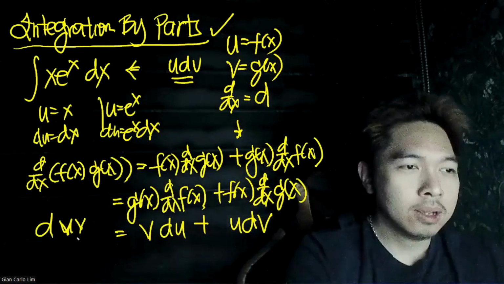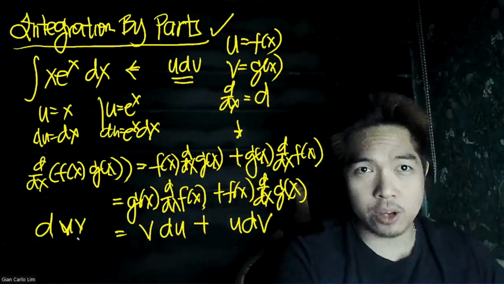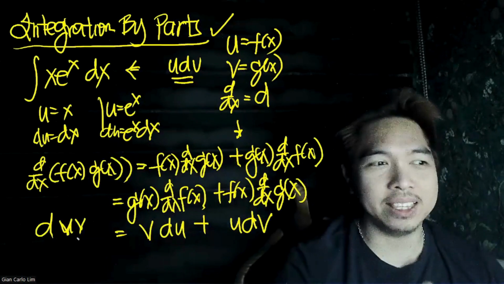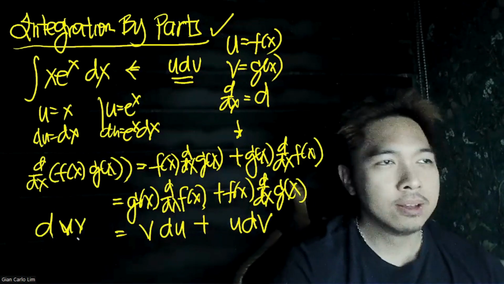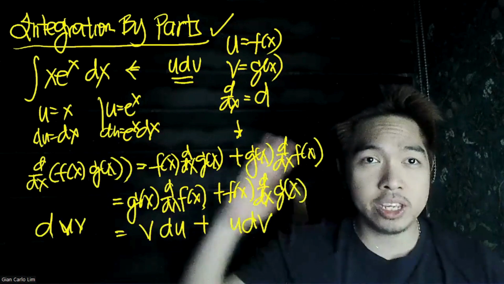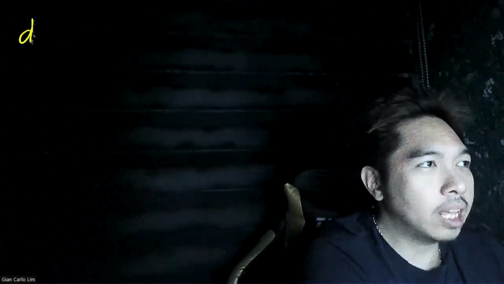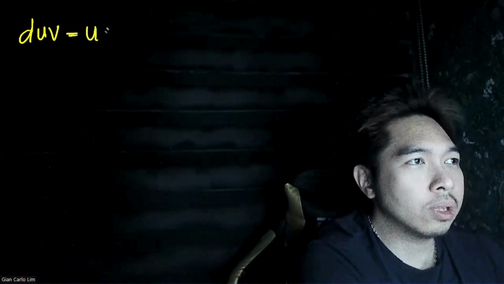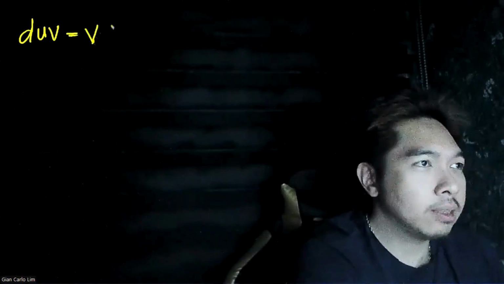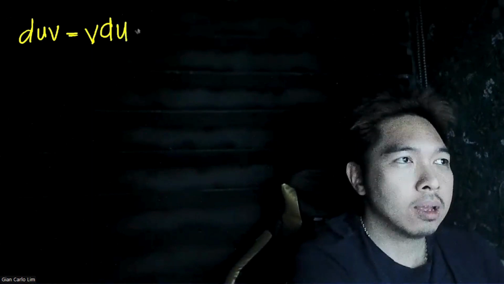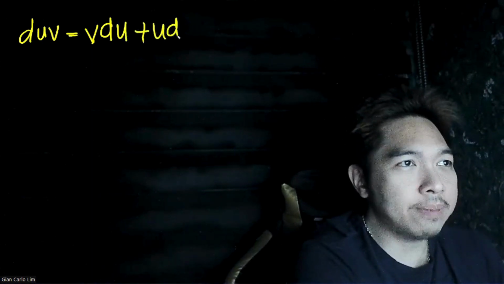All right. So suppose we're going to reverse this equation, and we'll find the integral of everything. So let me erase everything that's written here. All right. So we have here the derivative of uv is equal to v, derivative of u, plus u, derivative of v.